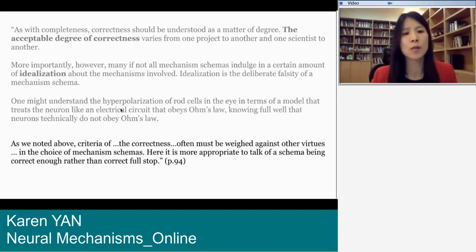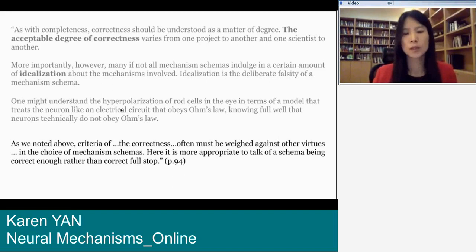As we noted above, criteria of correctness often must be weighed against other virtues in the choice of mechanisms. Here, it is more appropriate to talk about a schema being correct enough rather than correct full stop."